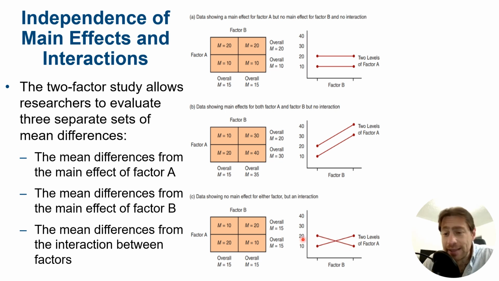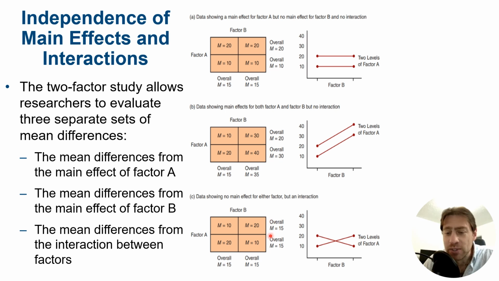And looking at the values in the matrix, we can see that interaction. Scores from factor B increase by 10 points from 10 to 20, but only at the first level of factor A. At the second level of factor A, they decrease by 10 points from 20 to 10. And so when you average across this, you end up with the same overall column means.